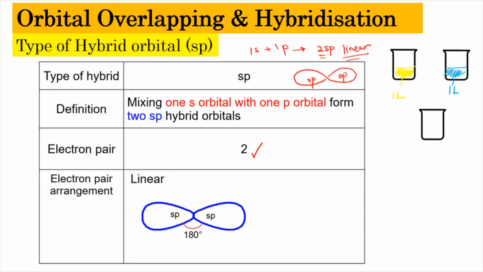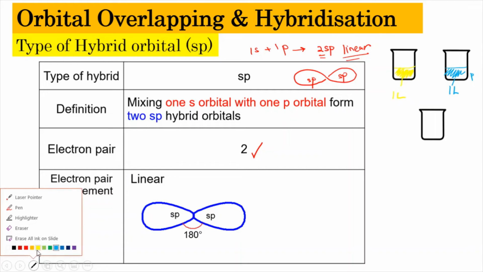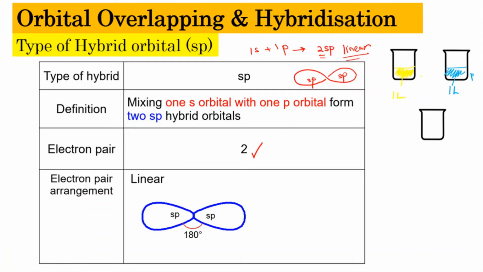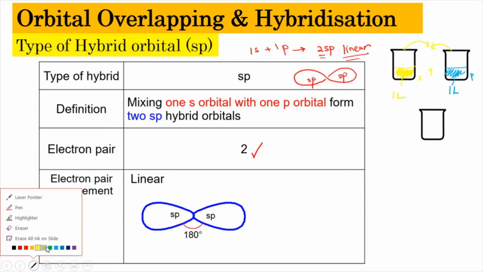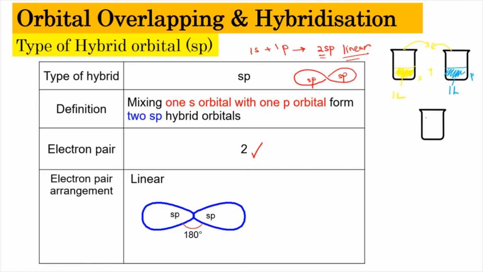So the blue refers to p, and the yellow color represents the s orbital. When you mix both of them together, what we produce is a new color, which will have a larger volume, 2 liters of the green color. The green color refers to the sp hybrid orbitals.